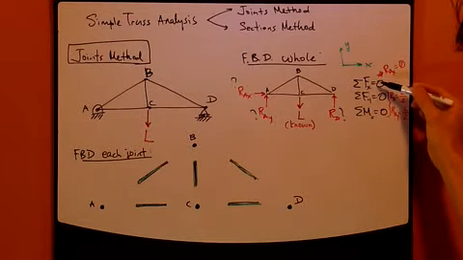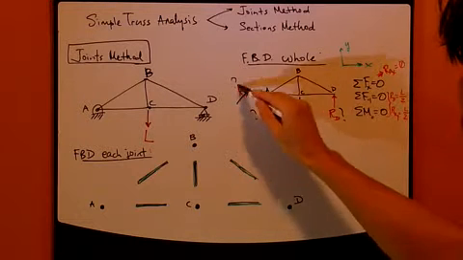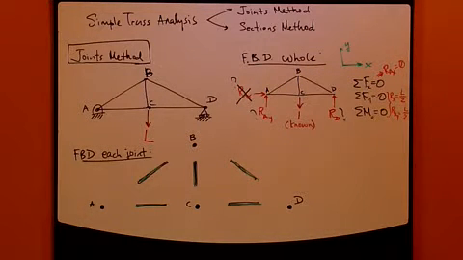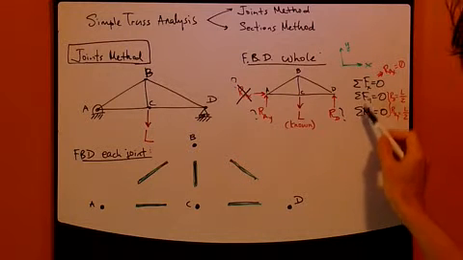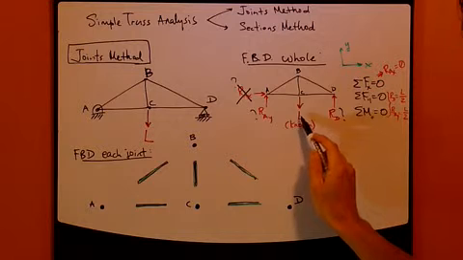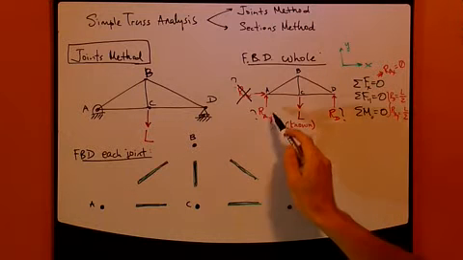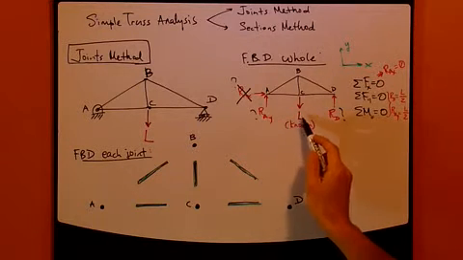The first equation immediately gives you this result: RAX simply goes away, equals 0. And these three equations together will give you these results. RD is simply 1/2 of this load. RAY, the other vertical reaction force, is also 1/2 this load.